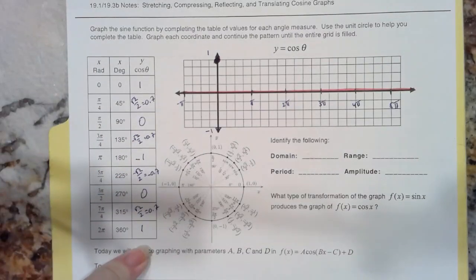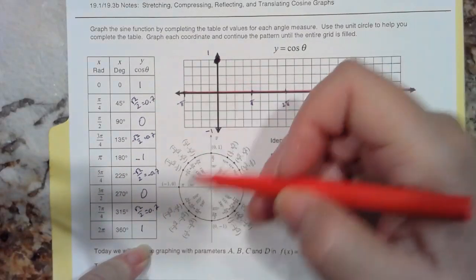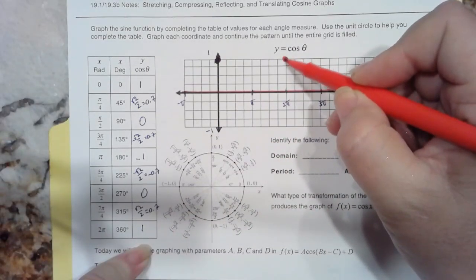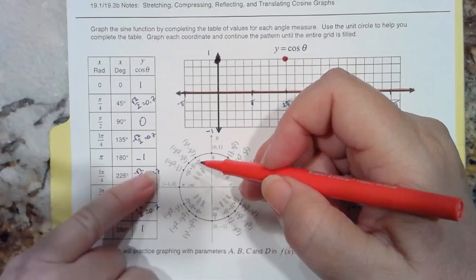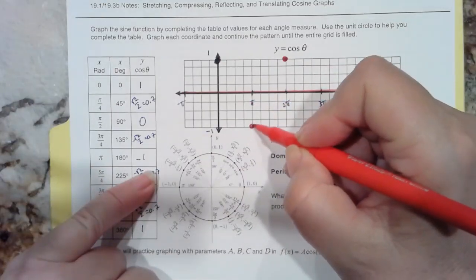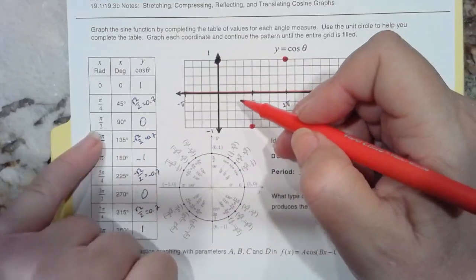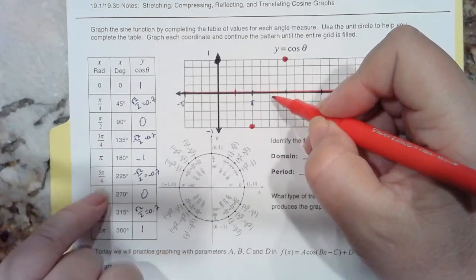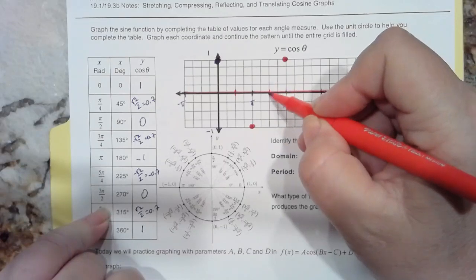The length is going to be 2 pi, and in 2 pi you end here. Halfway, pi is -1, and then pi over 2 is here, and 3 pi over 2 is over here.